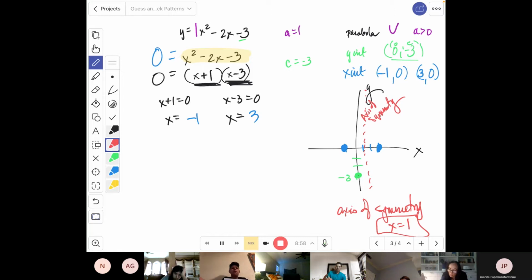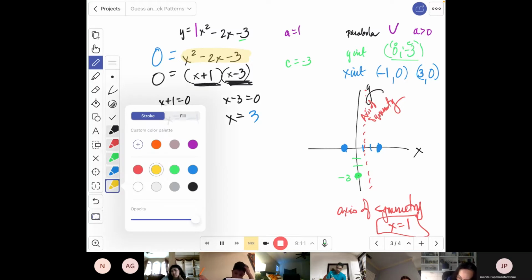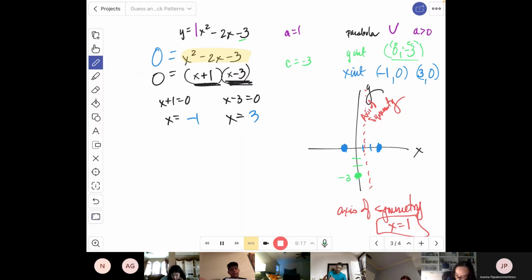Oh, but what am I missing? I can't graph it yet. I'm missing a very important part of this parabola. What am I missing? How far down it goes. Yeah, and what is that called? What is that point? I'm looking for the vertex.